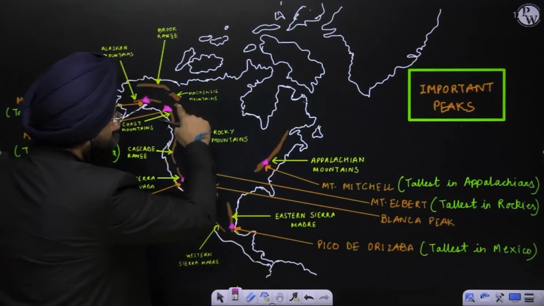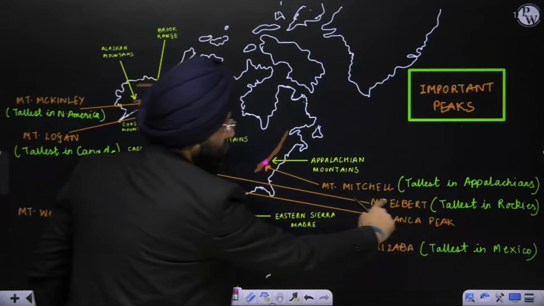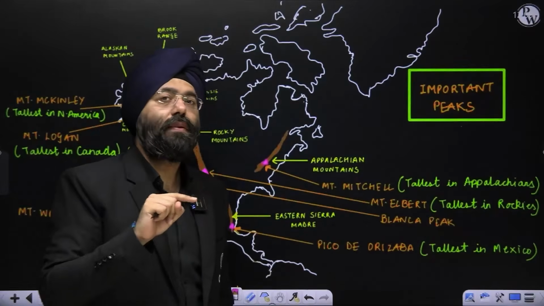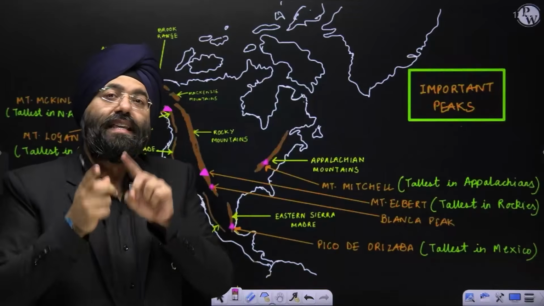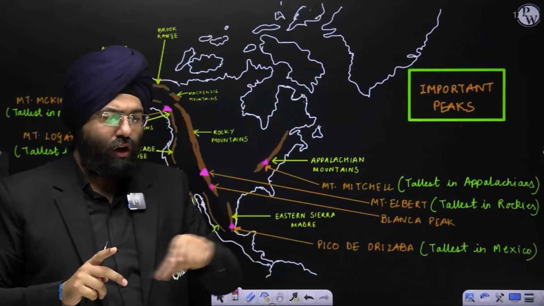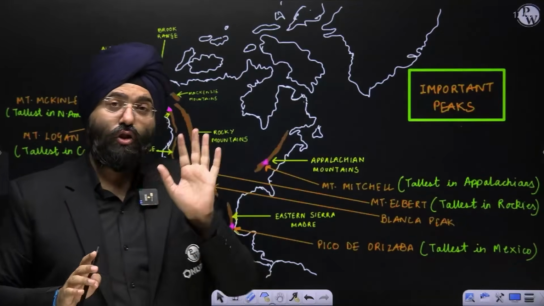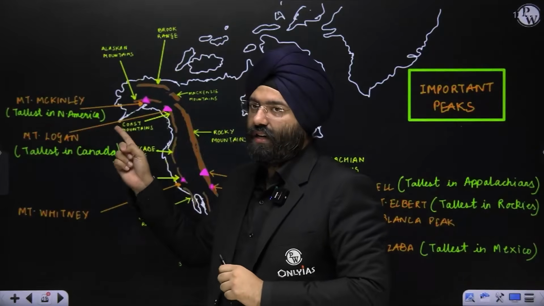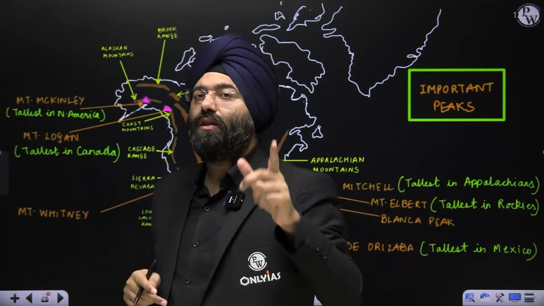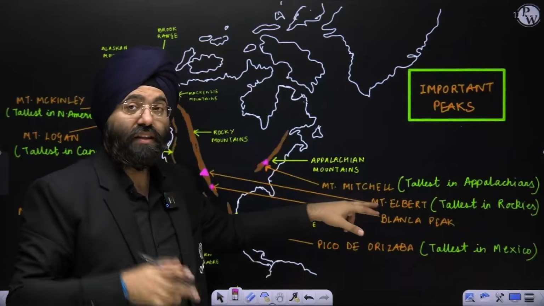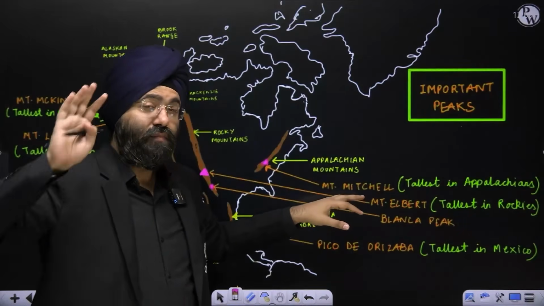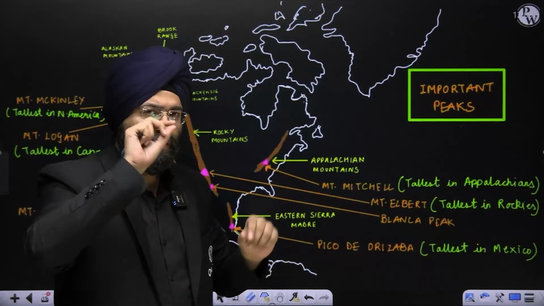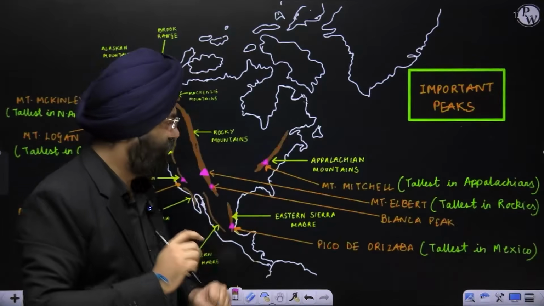So this is the Rocky Mountain range. You have Mount Elbert. Now Mount Elbert is the tallest mountain peak in the Rockies, not overall America, because the tallest in North America is Mount McKinley. But in the Rocky range, the tallest is Mount Elbert. This has been asked previously in UPSC also as one of the statements or in the matching column.